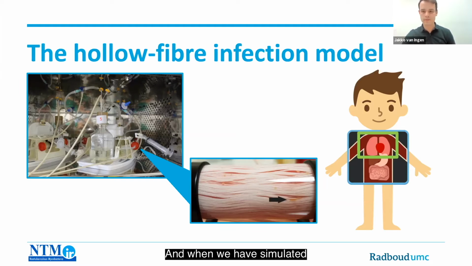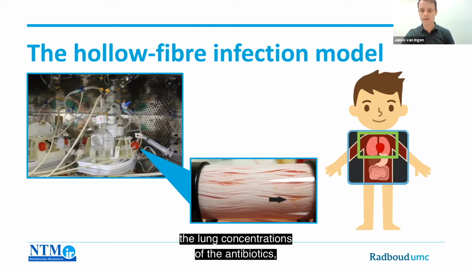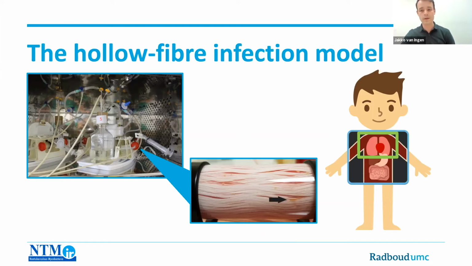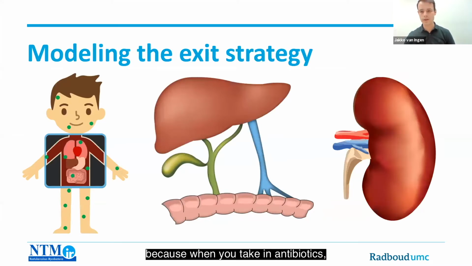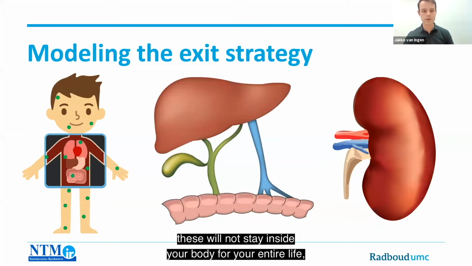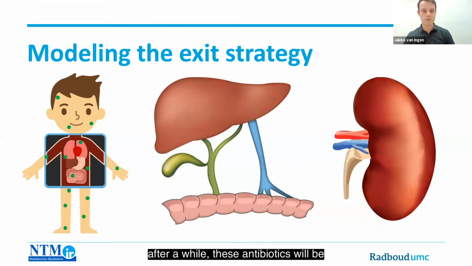When we have simulated the lung concentrations of the antibiotics, we also need to model an exit strategy for the antibiotics, because when you take an antibiotic, it will not stay inside your body for your entire life. After a while, these antibiotics will be filtered out of the circulation by your kidneys.